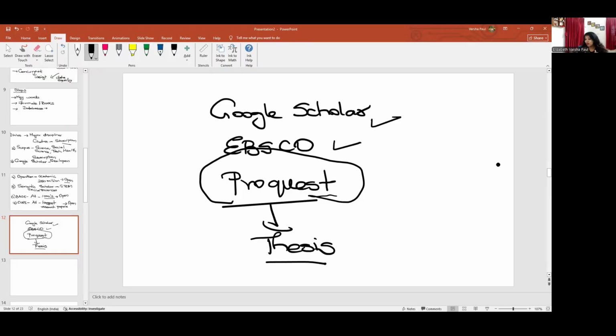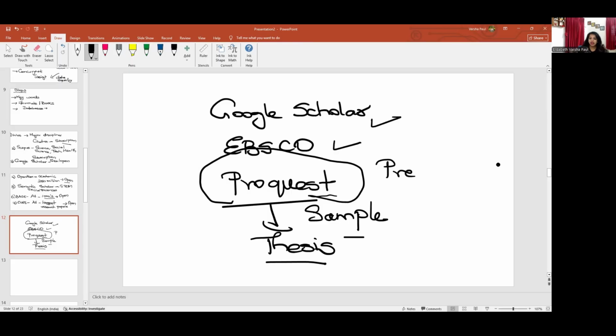It gives you a lot of insights, a lot of journal articles, newspaper articles, and small write-ups about the topic that you're searching. ProQuest is also one such tool where you get a lot of sample theses and dissertations that you can actually look at.